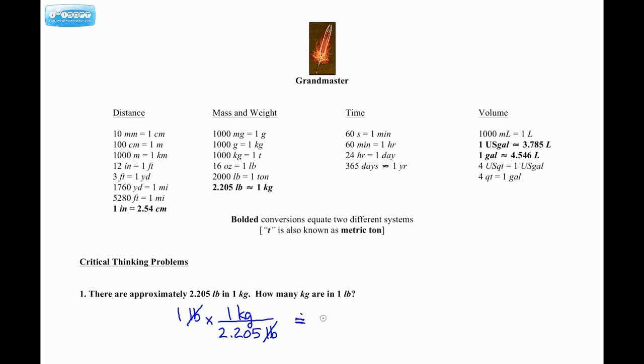And that gives me approximately 0.454, and this is kilograms. Okay. So in every kilogram there's 2.205 pounds. For every pound there's approximately 0.454 kilograms.